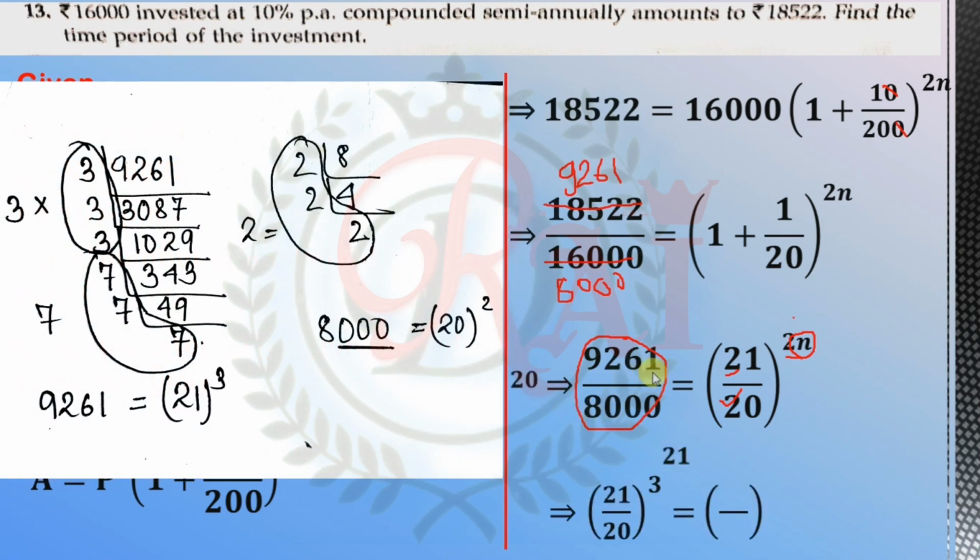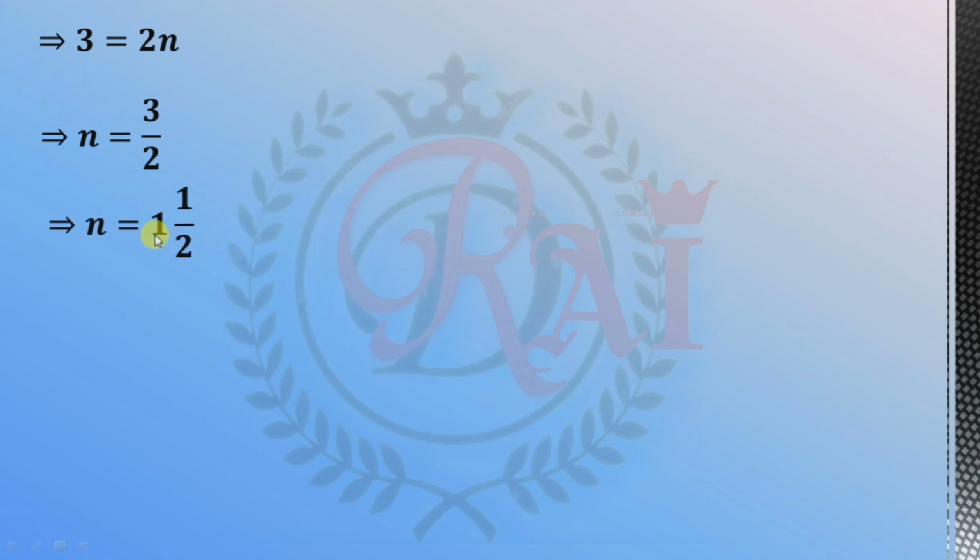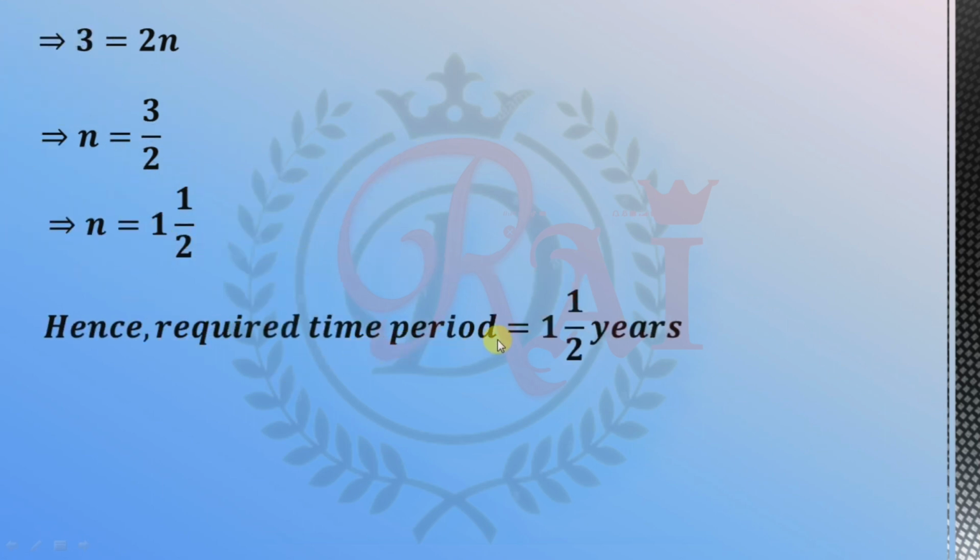After factorization we can write (21 by 20) cube is equal to (21 by 20) to the power 2n. So here bases are same. According to laws of indices, when bases are equal, their powers will also be equal. That is 3 is equal to 2n. That means n is equal to 3 by 2, which can be written as 1 whole 1 by 2. Hence the required time period is 1 and 1 by 2 years.